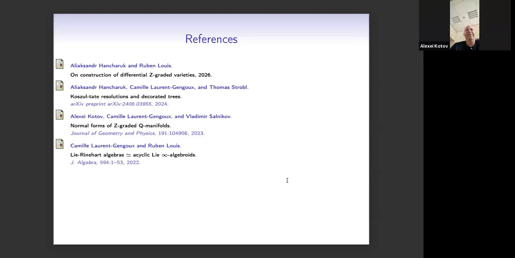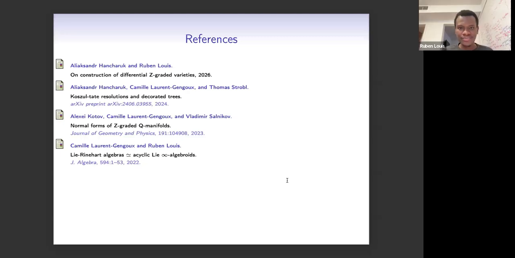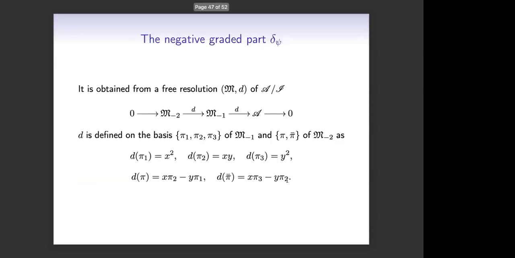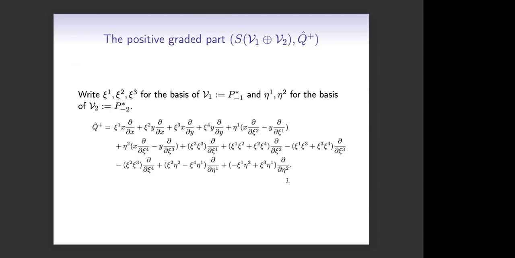Yes. Hi, Ruben. I have a question. Can you go back to the expression of your Q in the example? Your Q plus, I guess. Just to check if I'm understanding correctly, the first few terms are the generators of this Lie algebra, right?